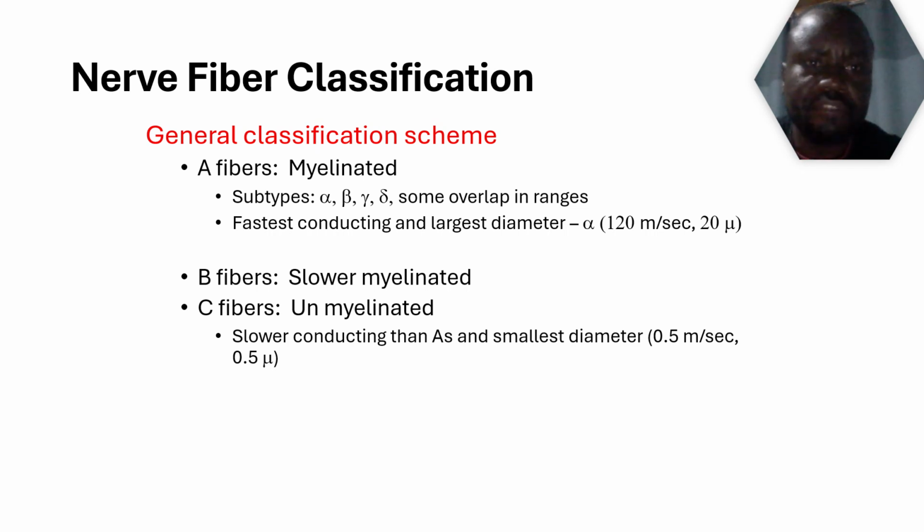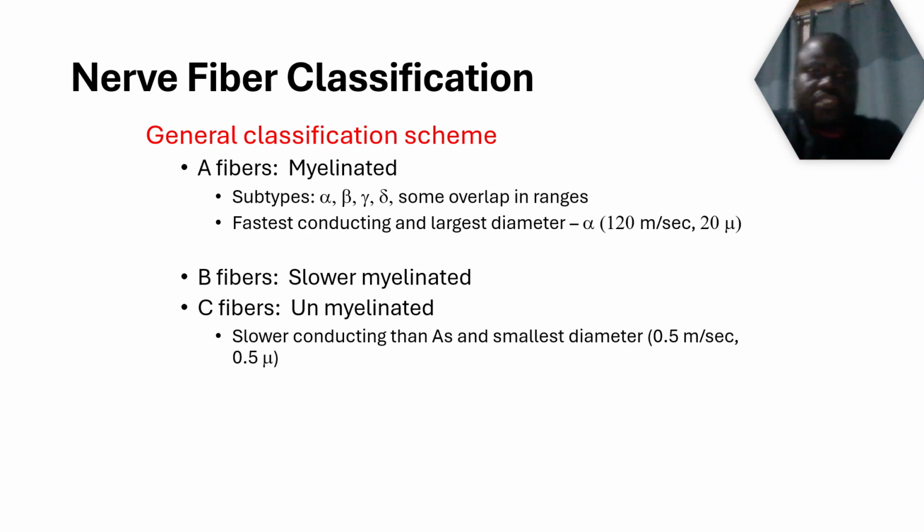So quickly, nerve fibers are classified using two systems at the moment. There's a system that classifies them as type A, B, or C, alphabetical, or Roman numeral 1, 2, 3, 4.